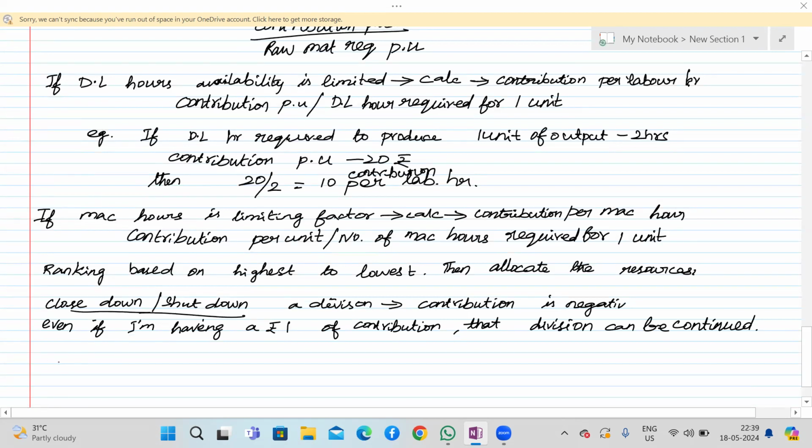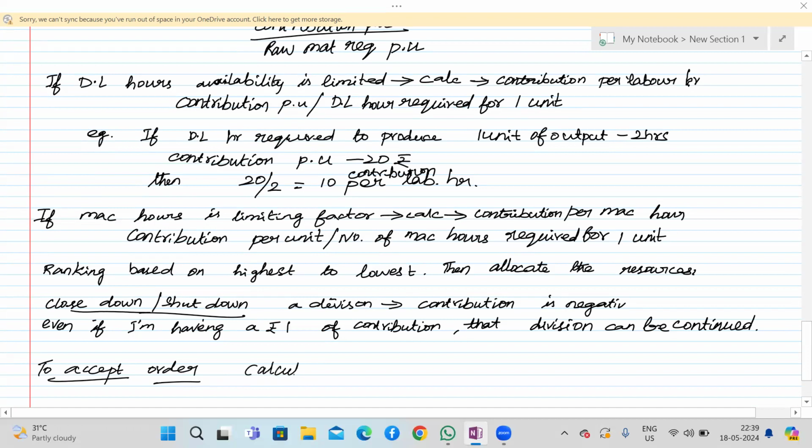Then, to accept an extra order, I want to calculate the price based on variable cost.